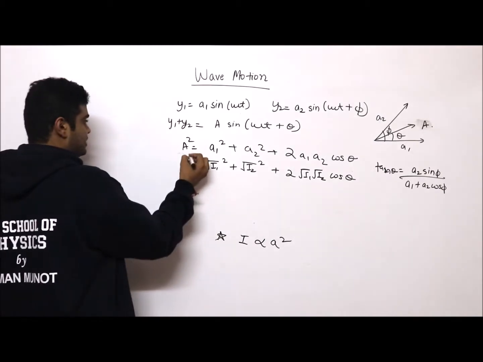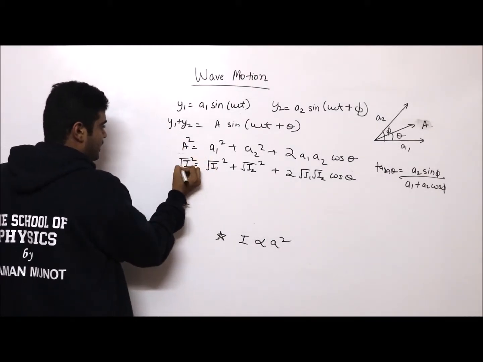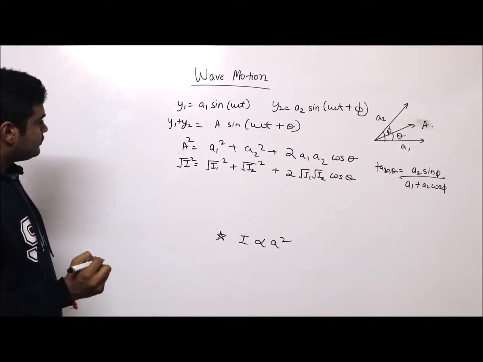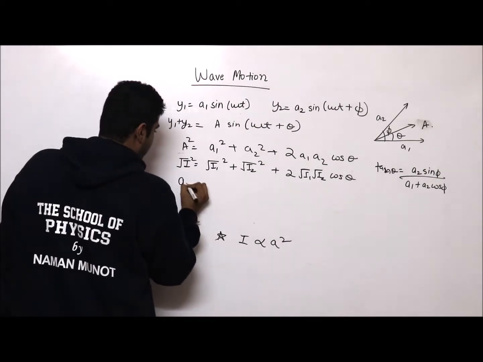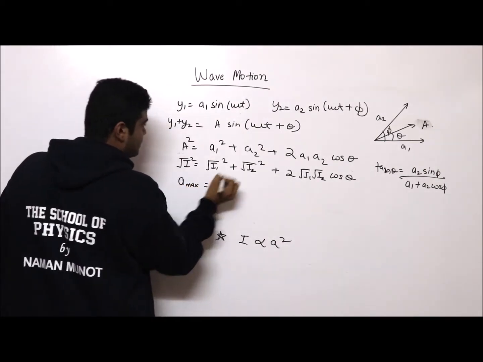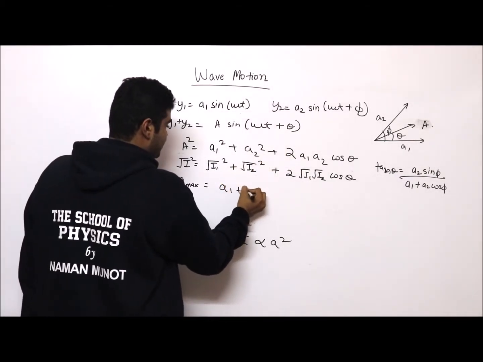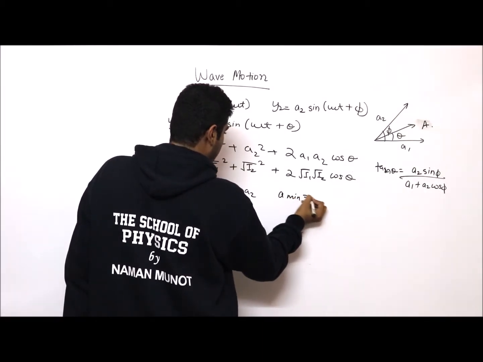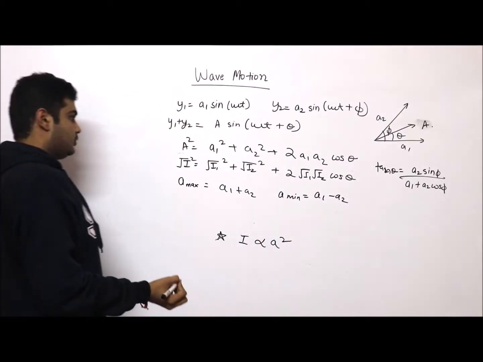So this is under root of I whole square. Now from here we get A max. A max, when the waves are in phase, will be A1 plus A2, and A minimum in the superposition will be equal to A1 minus A2.